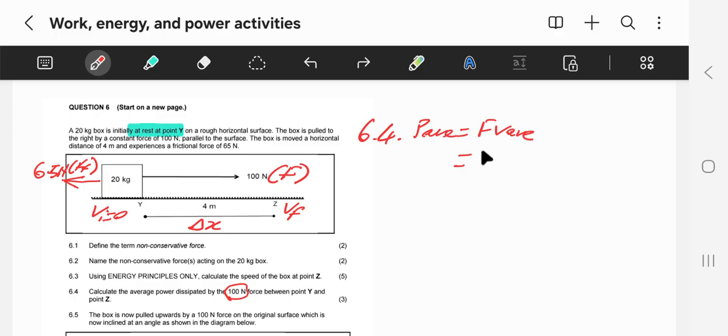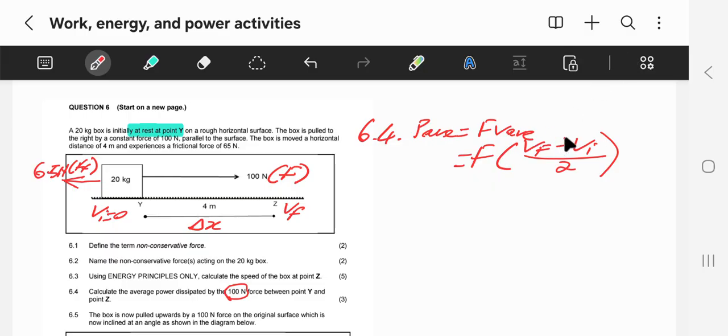So we will have this F, and then we'll multiply this applied force with our final velocity, substituting here final velocity minus initial velocity, divided by 2. So this is our average velocity. Since we have two velocities here, we divide by 2. That's our average there.